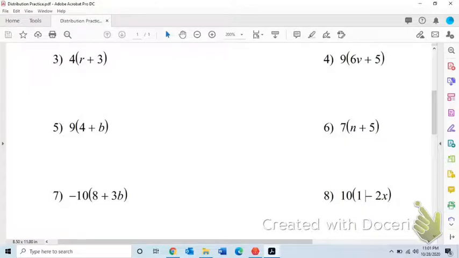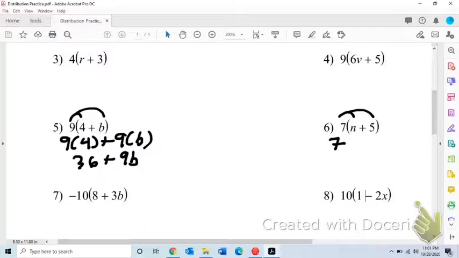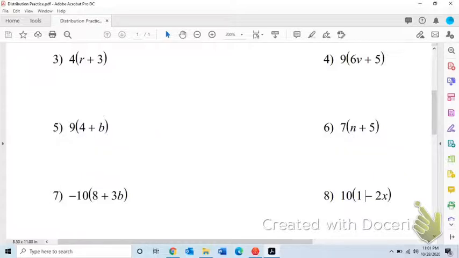Now, for number 7, remember when we distribute that negative, we need to distribute the entire negative 10.